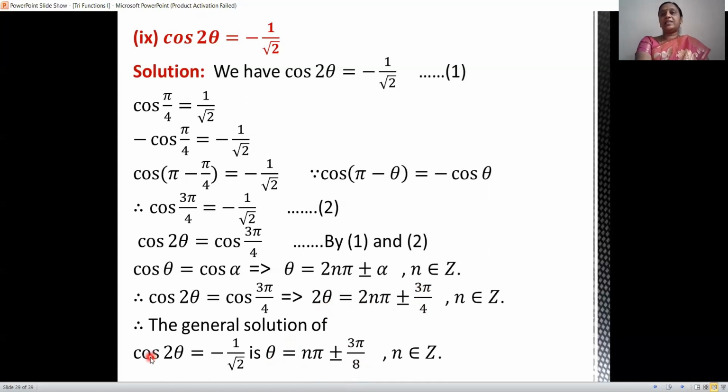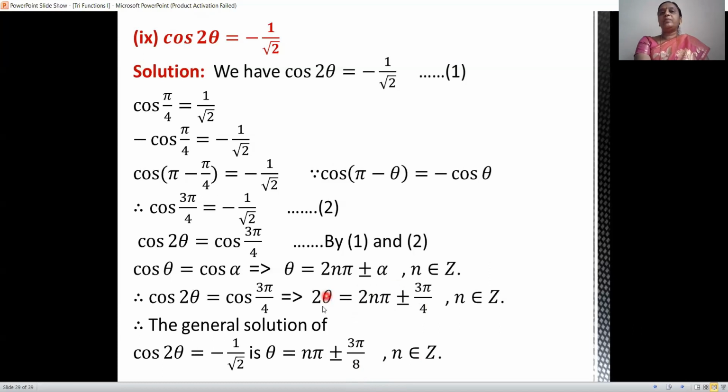Therefore, in the last step, I will write the general solution of cos 2 theta is equal to minus 1 by root 2, that is our given problem: theta is equal to n pi plus minus 3 pi divided by 8, n belongs to Z. You remember this step.